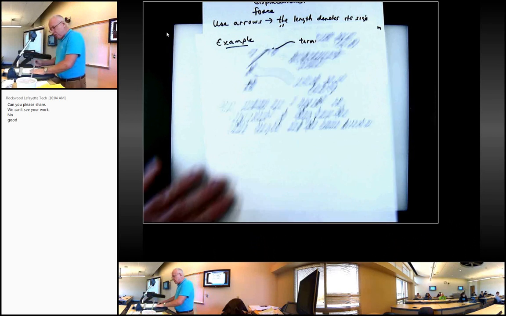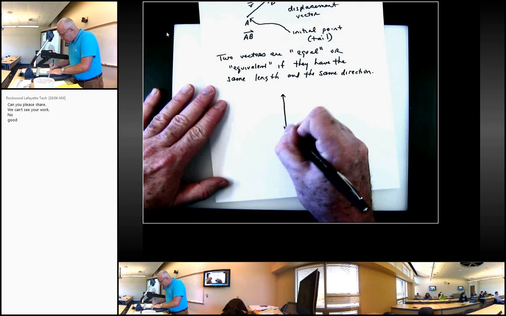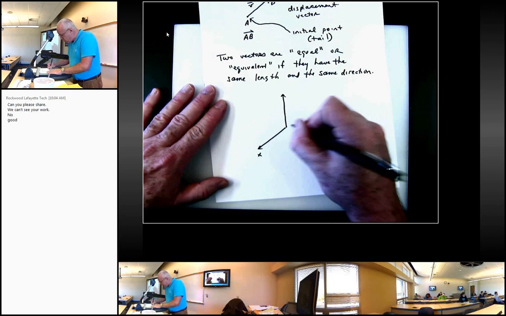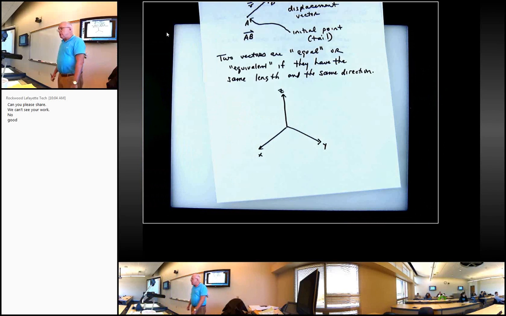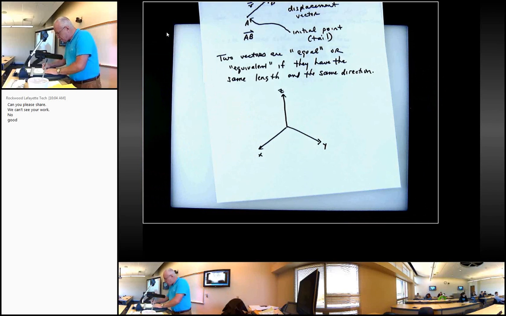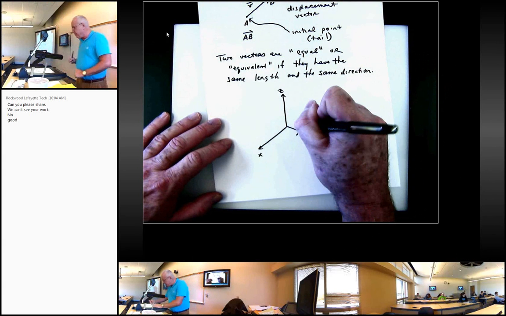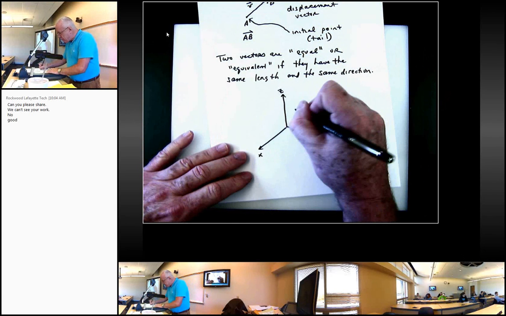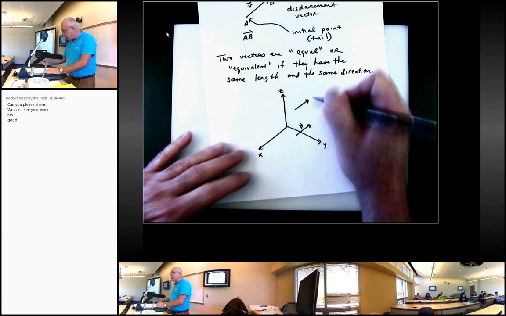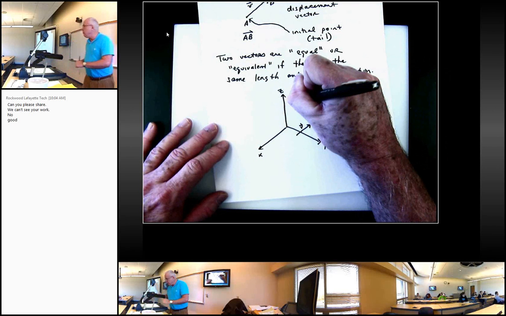So let's just do a quick example. Here's my x, pointing out to me, here's my y, here's my z. Okay, so I could have one vector like this. Let me call this little v. It's got a direction, it's got a length. I could have the very same vector up here in space at a different location. We can call that w.